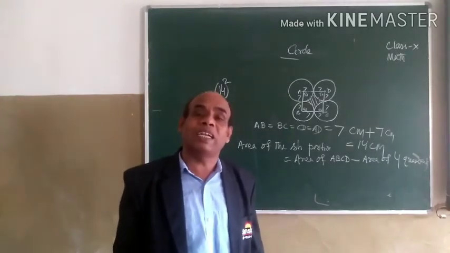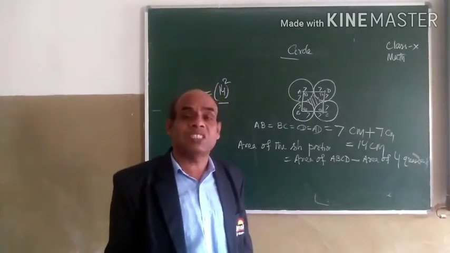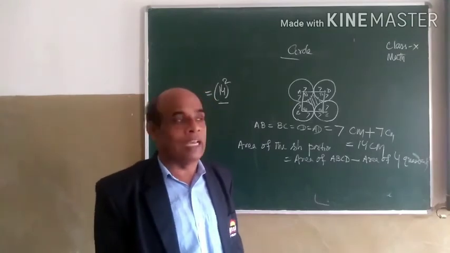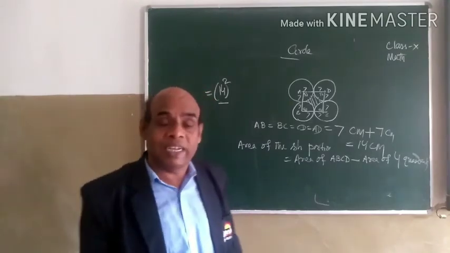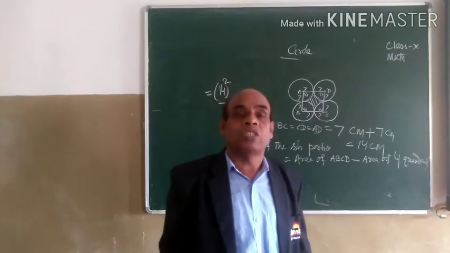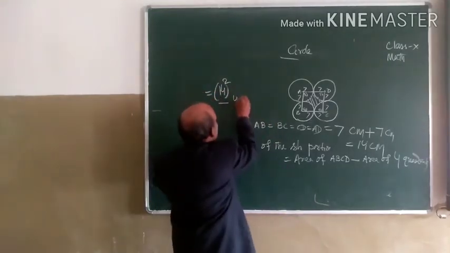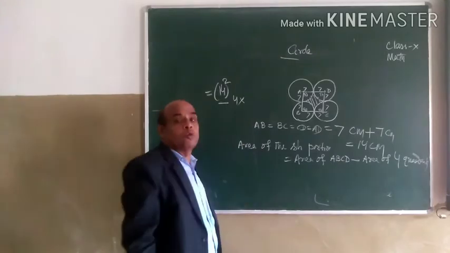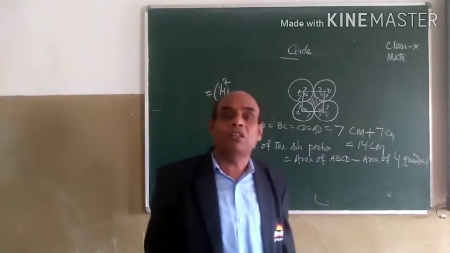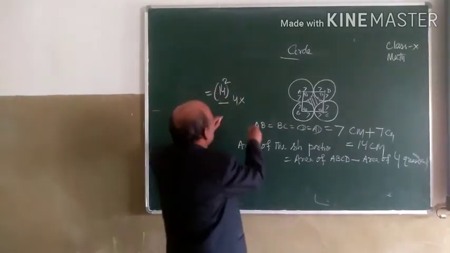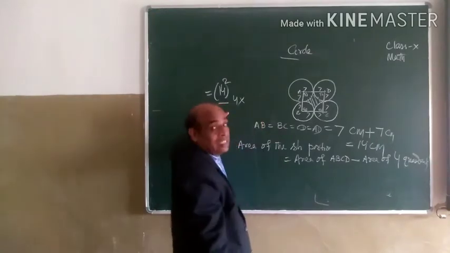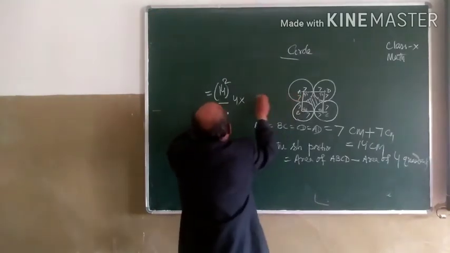The area of one quadrant is theta by 360 into pi r square. Already I told you yesterday, because each is a sector. So you will write 4 into the area of the quadrant. It means the area of the sector. So that is theta by 360. Theta means the theta value given, 90 degree.